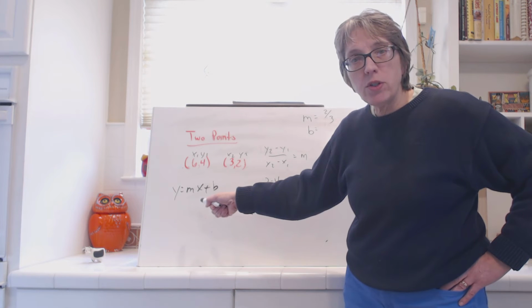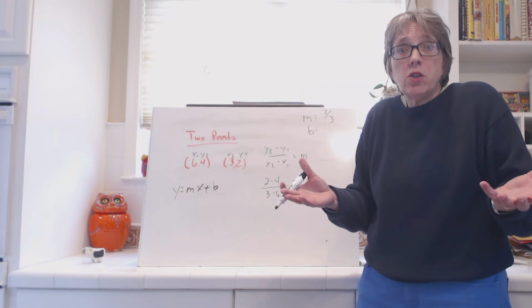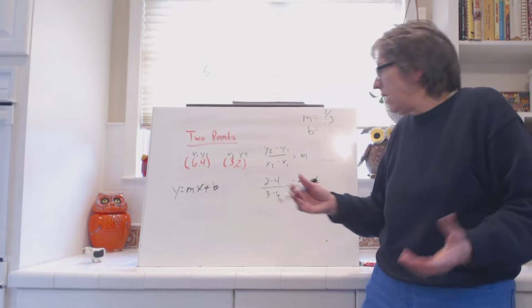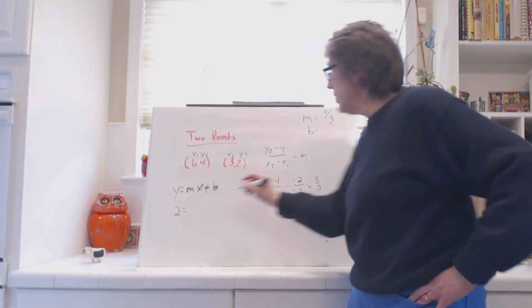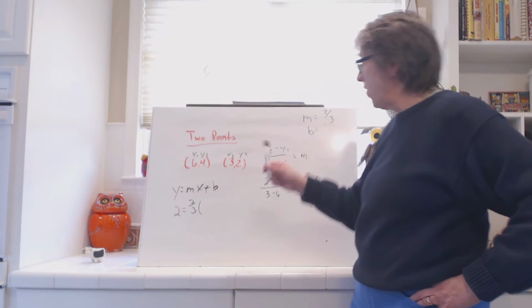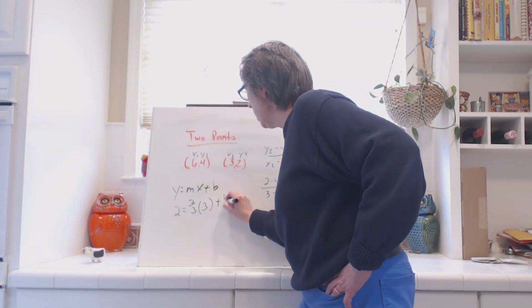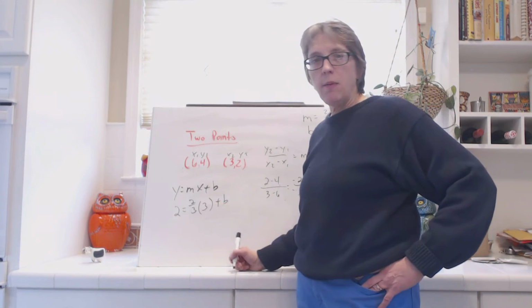I'm going to use the slope-intercept form, and I'm just going to use the substitution property of equality to solve for b. I don't know b. So y is 2, m is 2/3, x is 3, that's convenient, plus b. So now I do the math. 2/3 times 3.